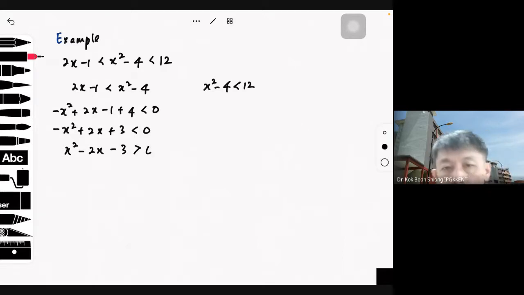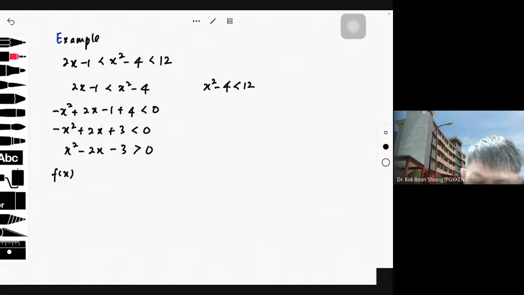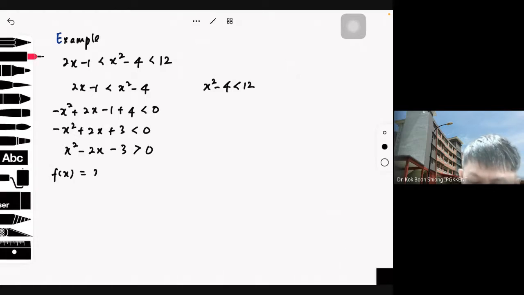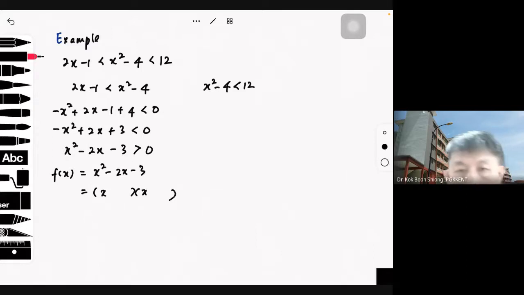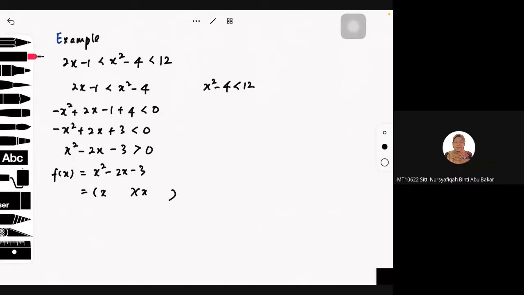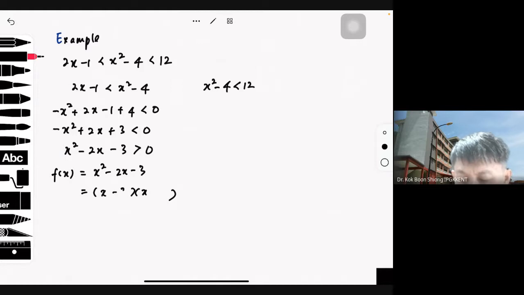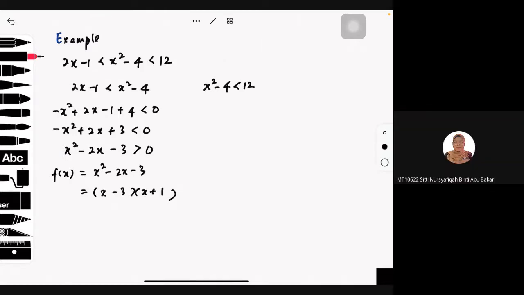Don't forget to flip the sign. If we define f(x) as the quadratic, x squared minus 2x minus 3, what are the factors? Minus 3 and plus 1. Okay, good.